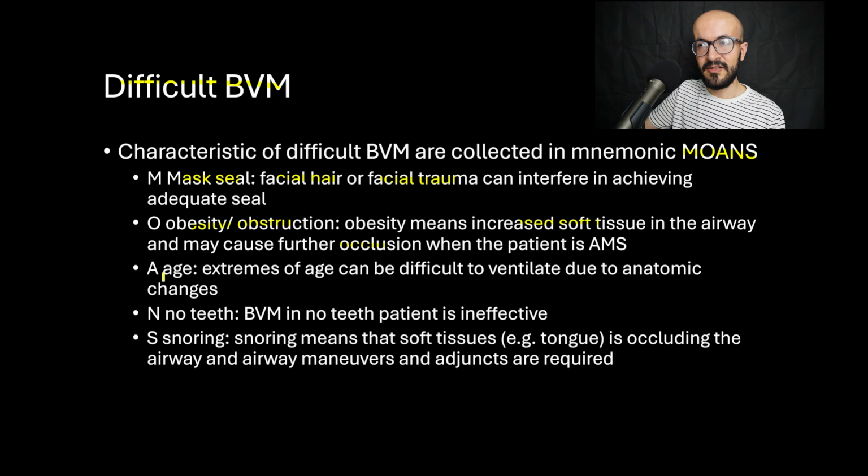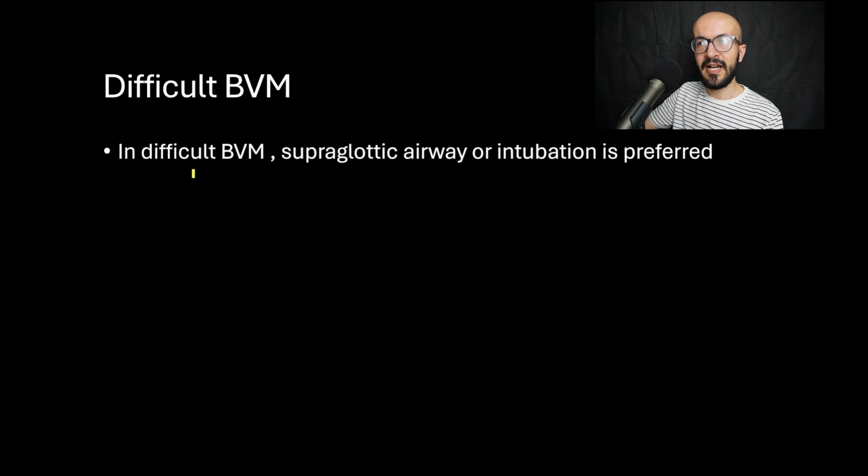The A in MOANS is for age, so extremes of age can be difficult to ventilate due to anatomic changes, and the N is for no teeth, so the bag valve mask ventilation in a no teeth patient is ineffective, and the S in MOANS is for snoring because snoring means that the soft tissues such as the tongue are occluding the airway and the airway maneuvers and adjuncts are required. So in difficult bag valve mask ventilation, a supraglottic airway or intubation is preferred.